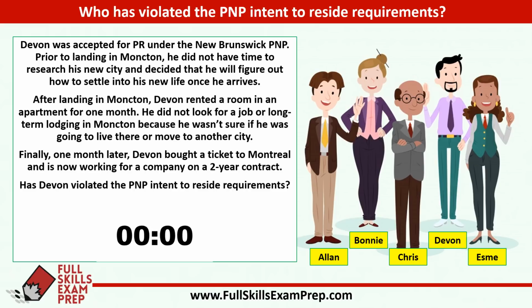Okay, so the third paragraph, finally, 1 month later, Devin bought a ticket to Montreal and is now working for a company on a 2-year contract. Okay, so we can see that he pretty much landed in Moncton, didn't really attempt to stay there, and went to Montreal a month later. So, did Devin violate the PNP intent to reside requirements?